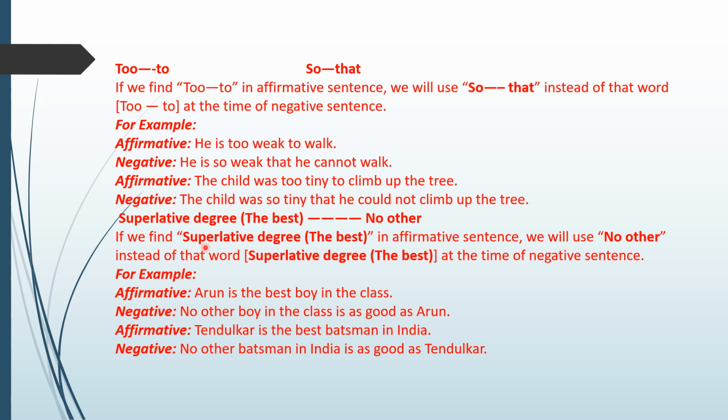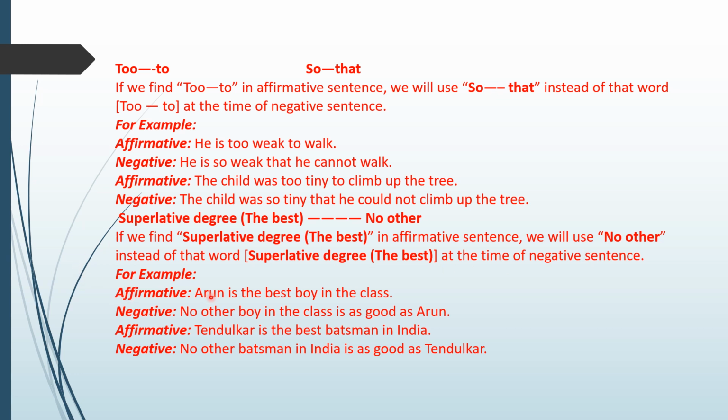If we find the superlative degree, the highest degree, the est, here it is the best. If we find the best in the affirmative sentence, we will use no other instead of that word in the superlative degree, the best, at the time of changing the sentence into negative. Look at the example.